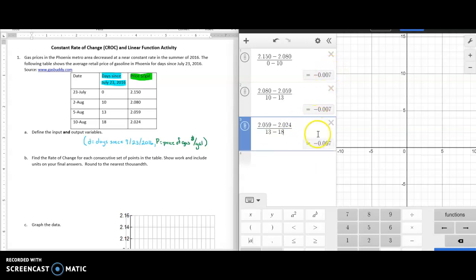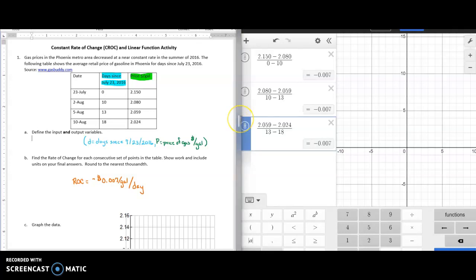And so we see that the rate of change is the same for every single one of these. So we know that our rate of change is equal to negative $0.007 per gallon. So that's how much it's decreasing per gallon per day, and they're all the same answer.